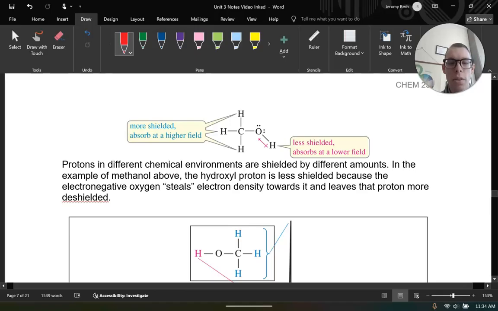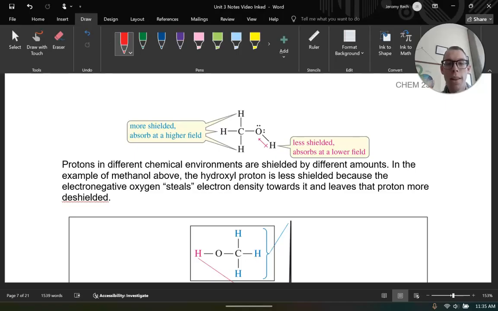And I have here the same molecule shown, just flipped. When we think about the idea of shielding, we see that oxygen is our electronegative atom. It's pulling electron density towards it, and that's going to make the things around it more exposed. It's going to be deshielded. So if you're close to things that are electronegative, you're known as deshielded because your electron density is being pulled away from you, so you're more prone to feel the impact of that magnetic field.